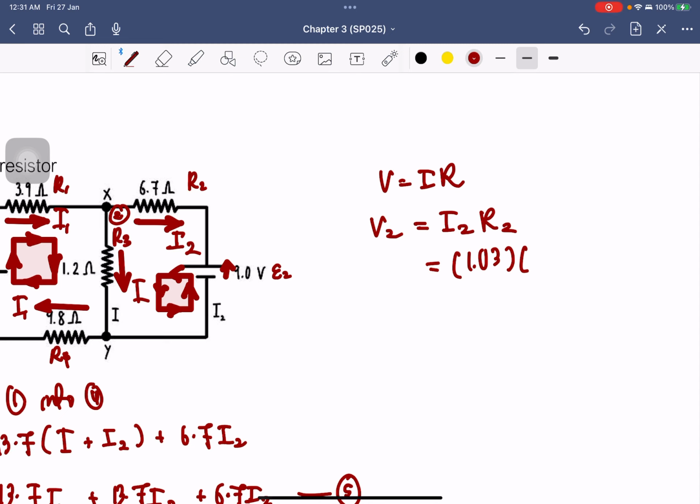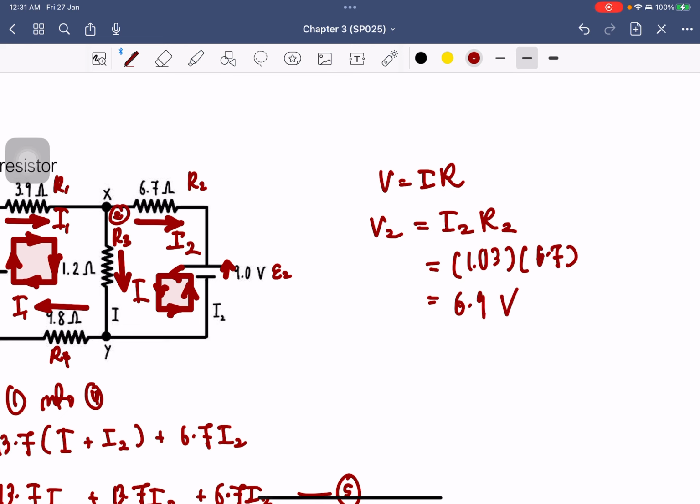But if we need to, I'll let you know in the comments. I'm actually not confident whether I need to include the negative or not. I assume we don't have to because that's just telling you the direction. But actually, if we include the negative, it is telling us that the polarity of EMF2 should be reversed, right? Never mind. Let's just do it this way, but I'll let you know if you need to include the negative. I just have to ask my colleague on this because I'm not really sure. But the value of voltage across the 6.7 ohm resistor is 6.9 volt.